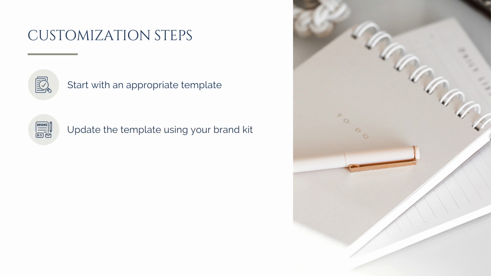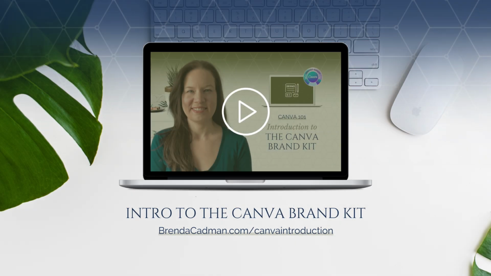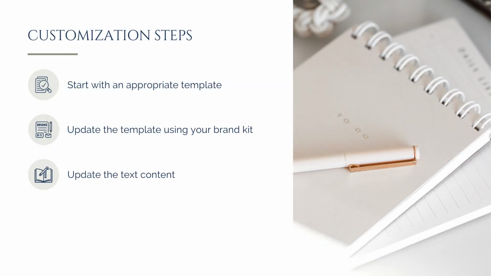Then update the template with your logo, your brand colors and fonts, and swap out any images to reflect your own brand imagery. This will be made much easier by using the Canva Brand Kit feature, and if you haven't set yours up yet, you can learn more about that process in my free Introduction to Canva's Brand Kit tutorial resource. And then step 3 is to modify the actual text content of the design to reflect your own content.